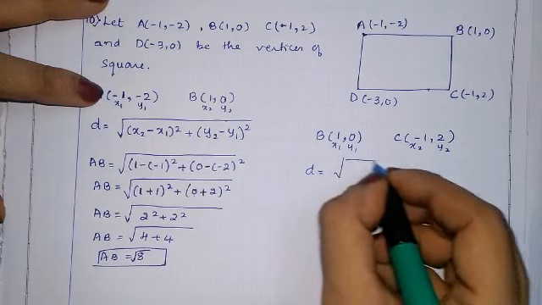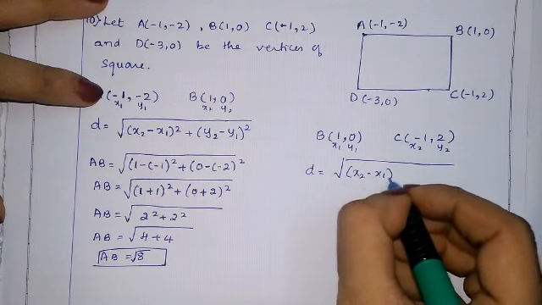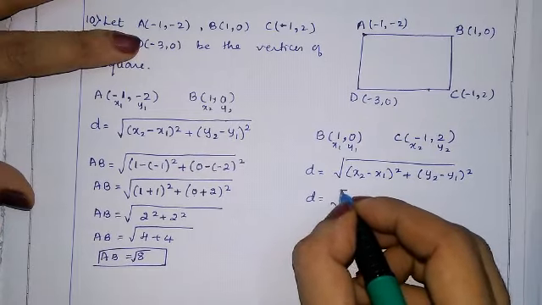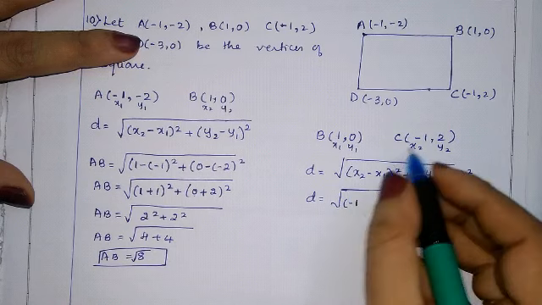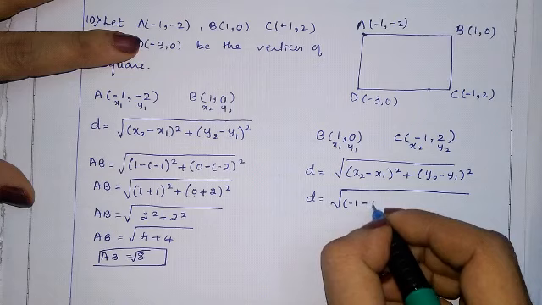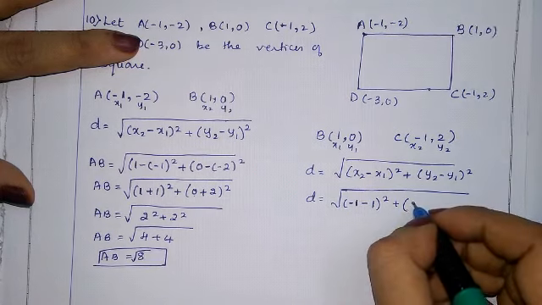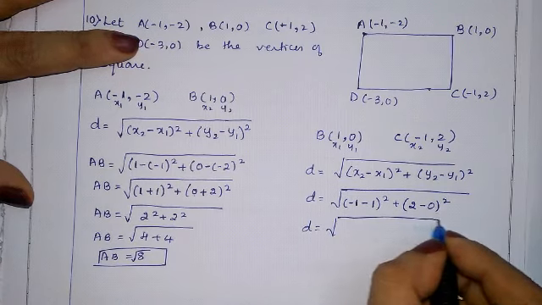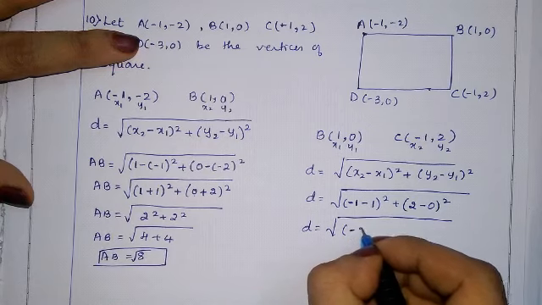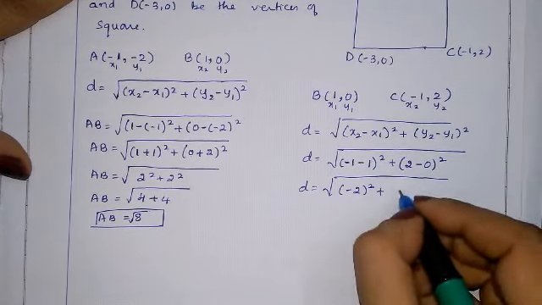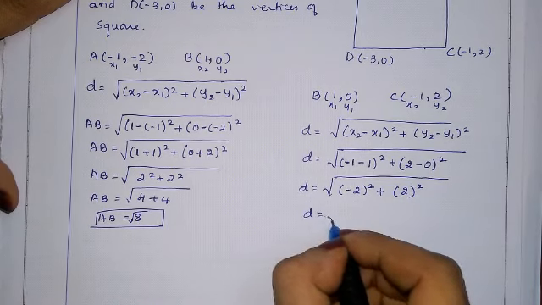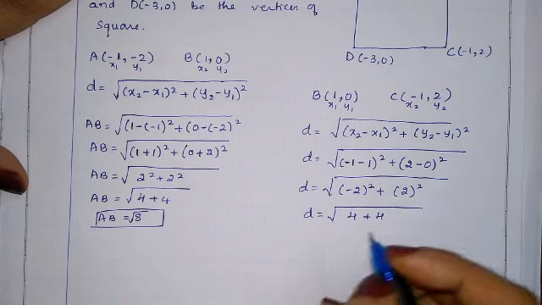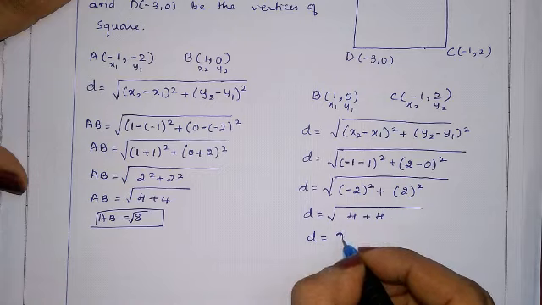Formula: D is equal to root of (x2 minus x1) whole square plus (y2 minus y1) whole square, which is root of (-1 minus 1) whole square plus (2 minus 0) whole square. That is (-2) whole square plus 2 whole square. A negative number square is always positive: 4 plus 4 is root 8.